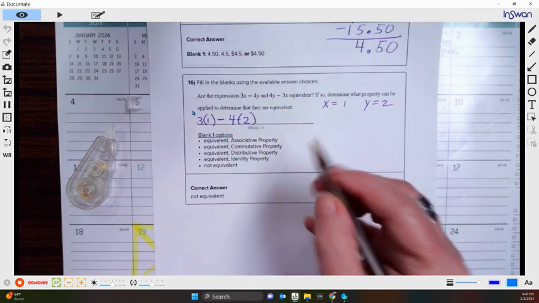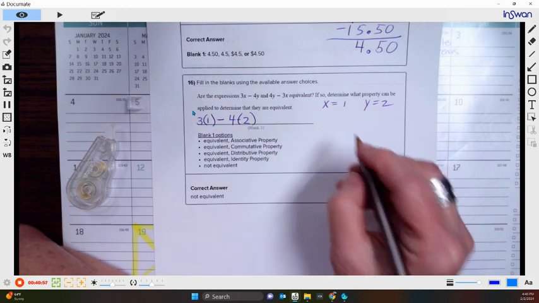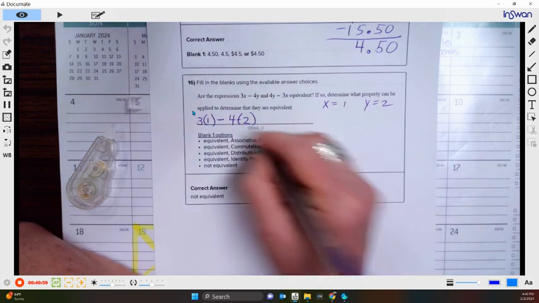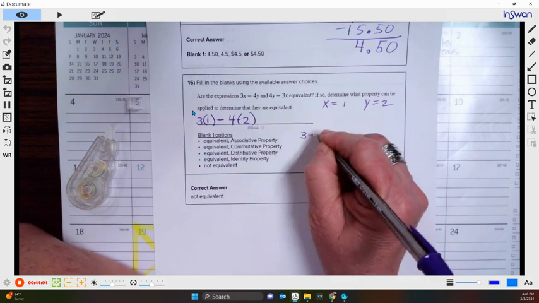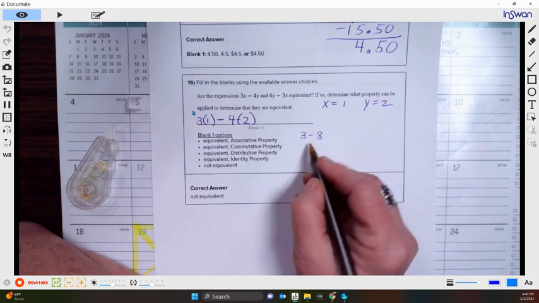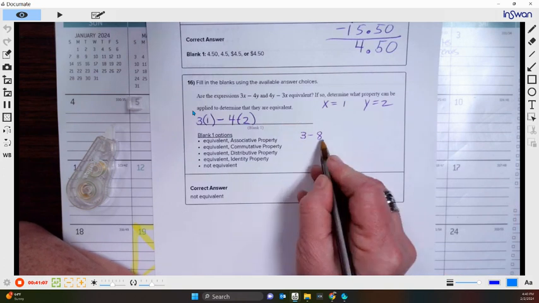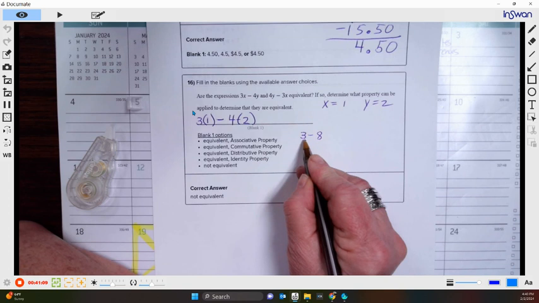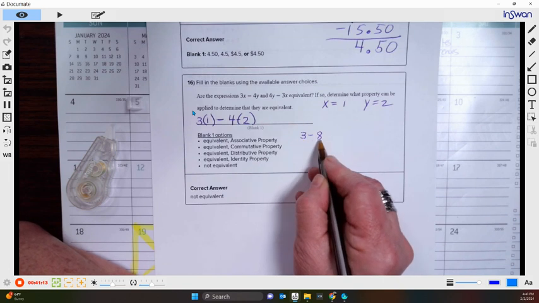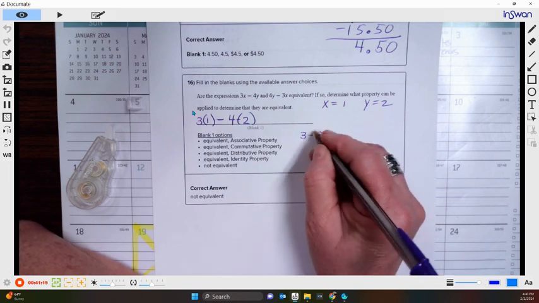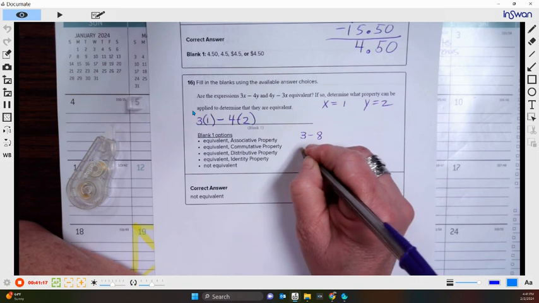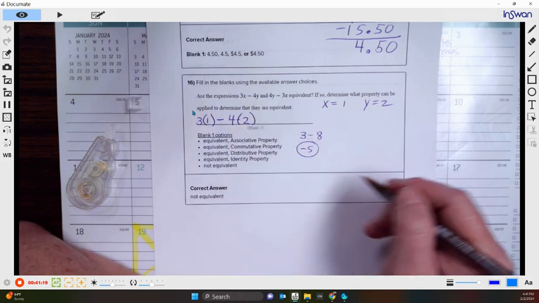So 3 times 1 is 3, minus 4 times 2 is 8. That first one would become 3 minus 8, which is going to be negative, because if I start at 3 and I subtract 8, 3 is 3 away from 0. And if I go 5 more, it's going to be a negative 5. So 3 minus 8 is actually negative 5 for that side.